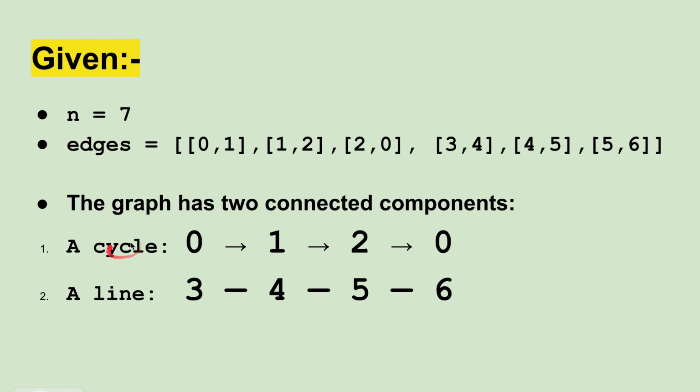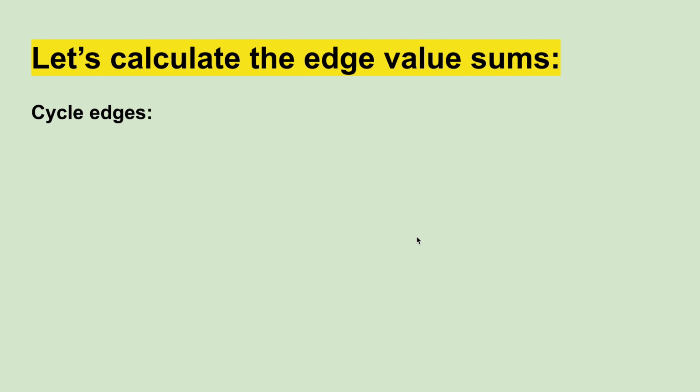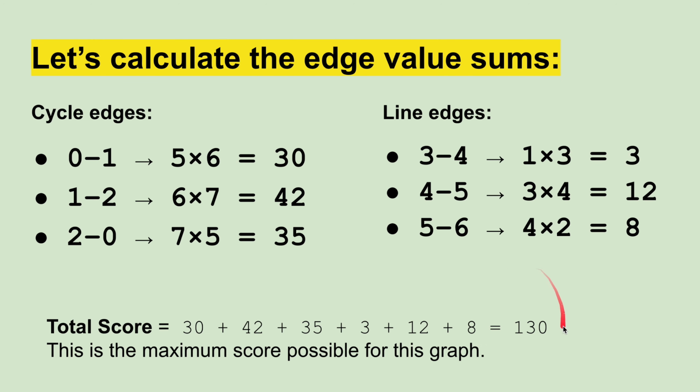What I'm trying to say is we have to assign the values of the line in such a way that the product for these edges is also large, but not as large as the cycle, right? And so this assignment will give you the exact value, that is 130, and you will get the answer, right?